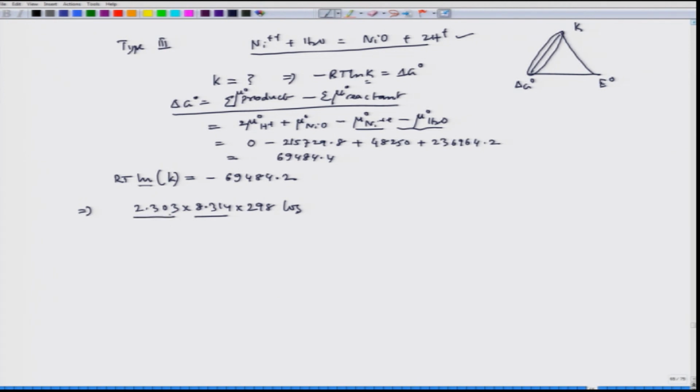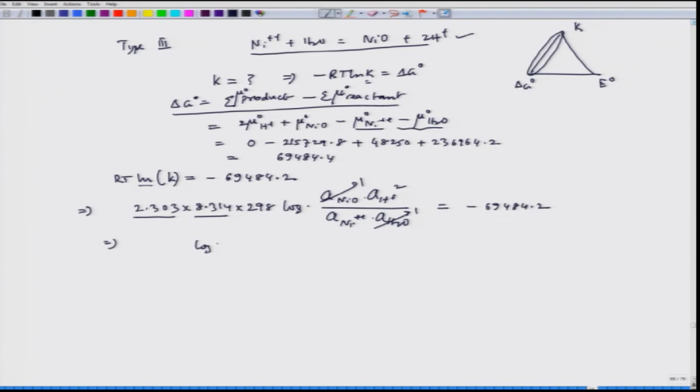So, that is where this multiplication factor 2.303 comes from. And then K, if we write in terms of activity, is the activity of NiO, H plus, Ni plus plus, and H2O. The activity of the pure substances goes to 1, and now this is equal to minus 69,484.2.